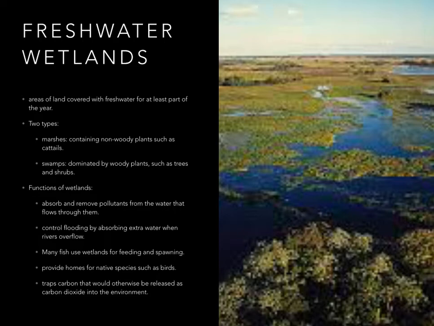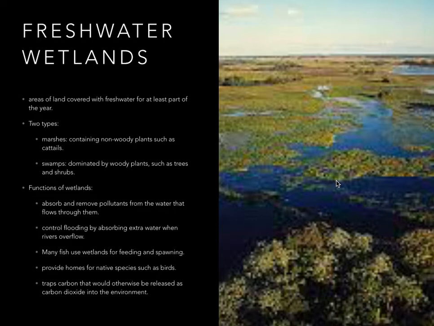So now we have freshwater wetlands. Freshwater wetlands are areas of land covered with fresh water for at least part of the year. So it doesn't have to be covered in water all of the year. During different seasons, it's going to have more rainfall, and so it's going to be more aquatic land than other parts of the year. But we're just really finding out how important these wetlands are because animals come and migrate to these wetlands, and they have babies in these wetlands.